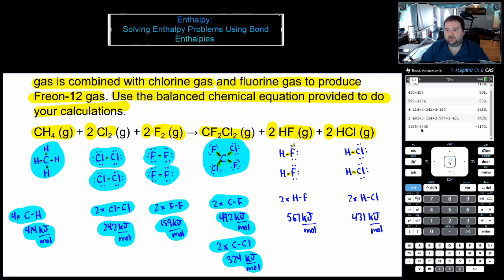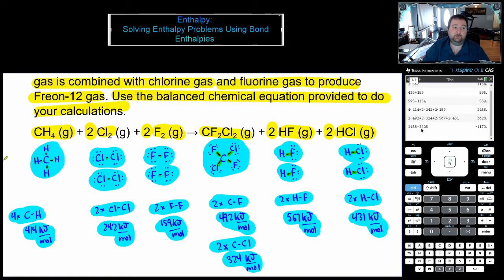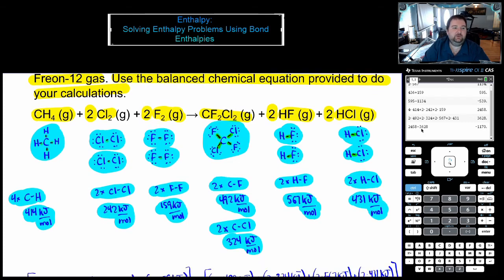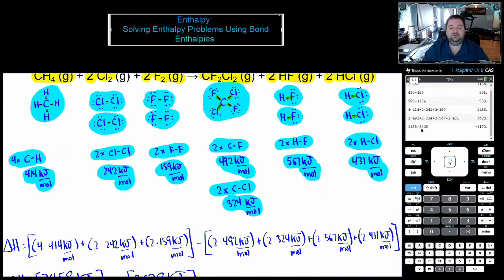And then finally, for these last 2, I have 2 hydrogen fluoride gas molecules. So there's 2 hydrogen-fluoride bonds, each with 567 kilojoule per mole dissociation energies. And I have 2 hydrogen chloride gas molecules, so that means 2 HCl bonds with bond dissociation energies of 431 kilojoules per mole.